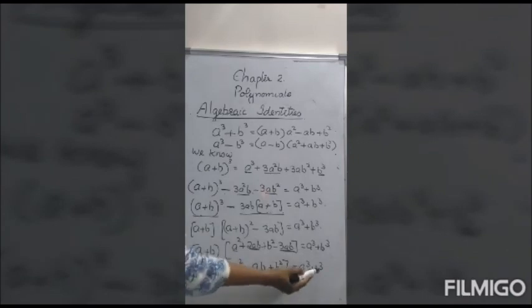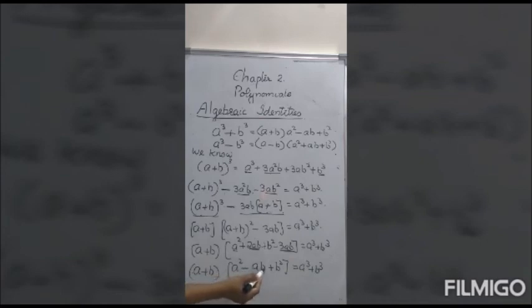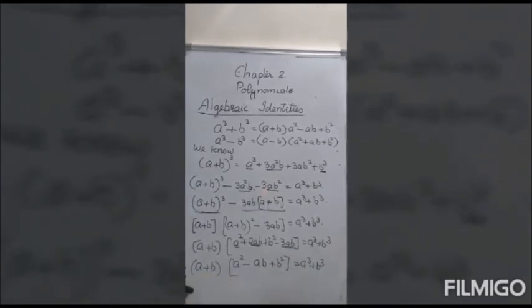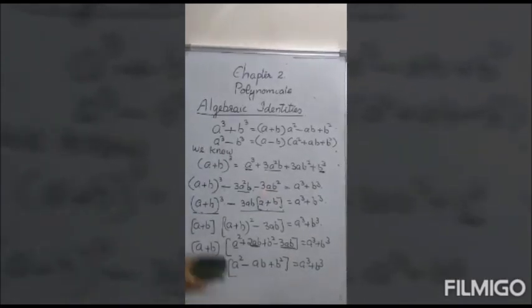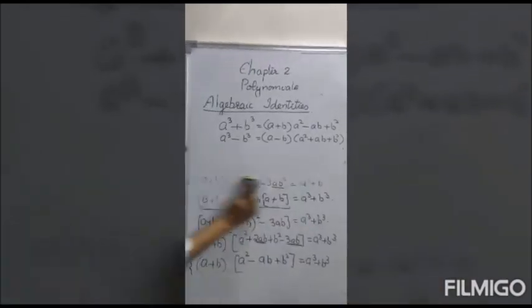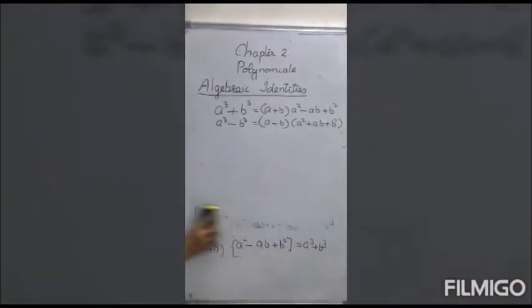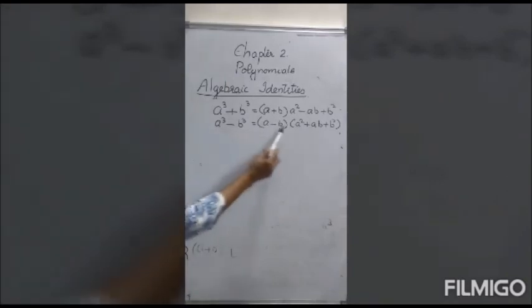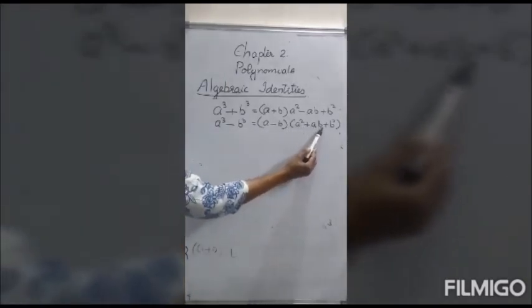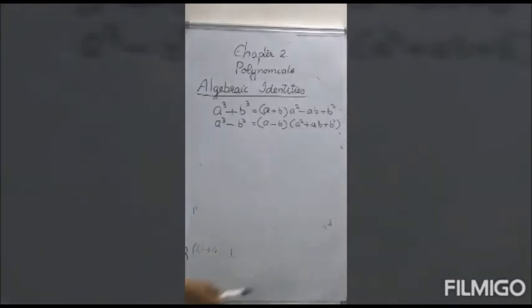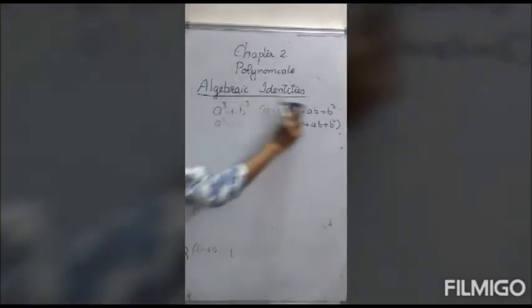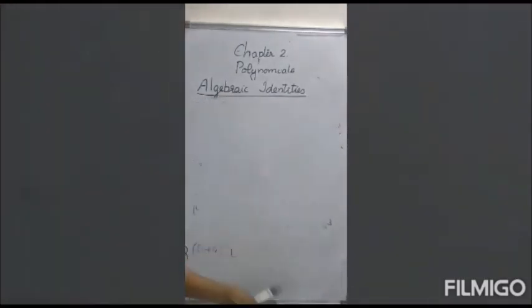That is a cube + b cube equals (a + b)(a square - ab + b square). In same way, a cube - b cube equals (a - b)(a square + ab + b square). So we have the identities.